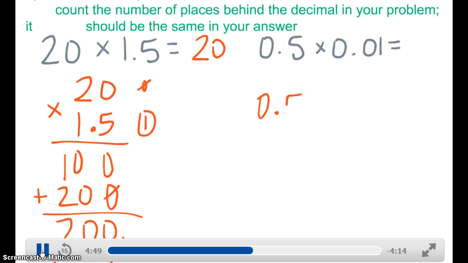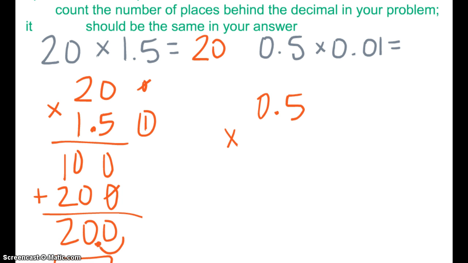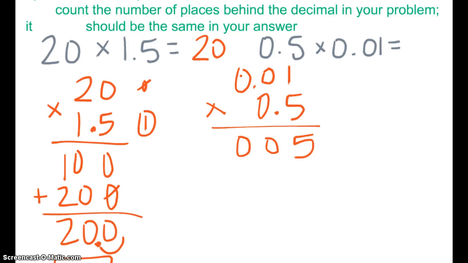Alright, one more. Let's do 5/10 times 1/100. I'm going to put that on top because I have more values. So 5 times 1, 5 times 0, 5 times 0. Now, I don't have to, but I can keep multiplying out 0 times 1, 0 times 0, and 0 times 0.